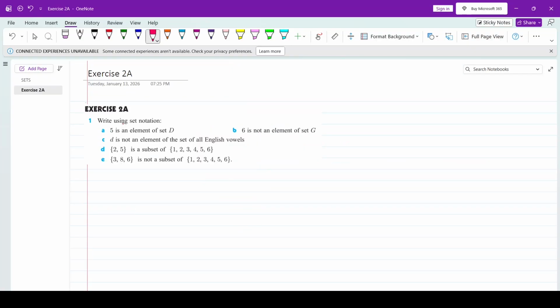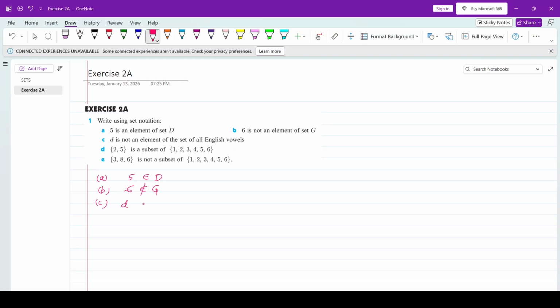So the question says, write using set notation: 5 is an element of set D. This is how we write it. 6 is not an element of set G. D is not an element of the set of all English vowels.